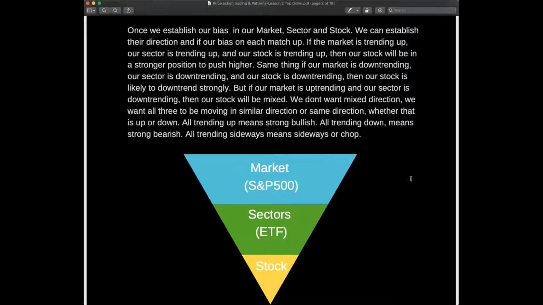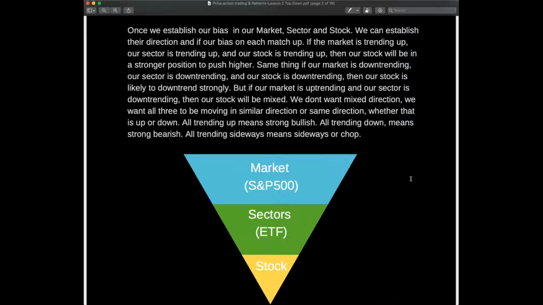If our market is uptrending, our sector is downtrending, and our stock is mixed, we don't want a mixed direction. We want all three to be moving in the same direction, whether that is up or down. All trending up means strong bullish. All trending down means strong bearish. All trending sideways means sideways or chop. You don't want to be in sideways or chop.